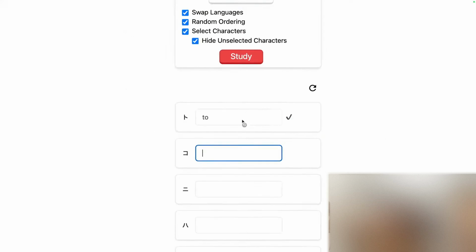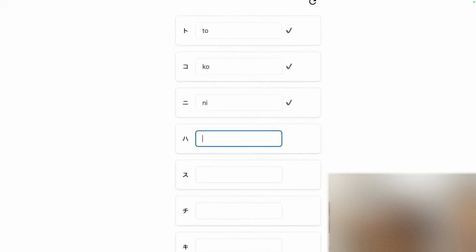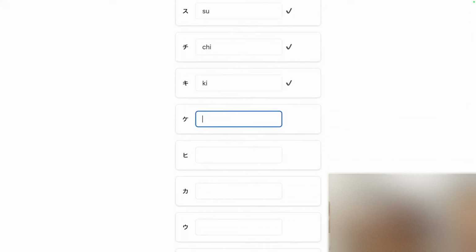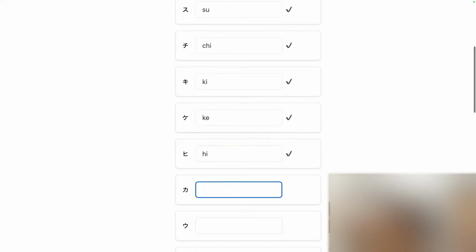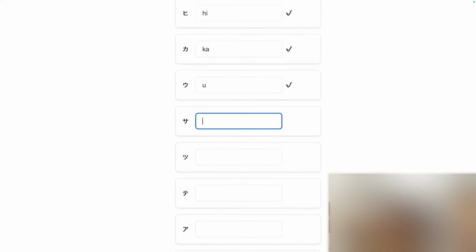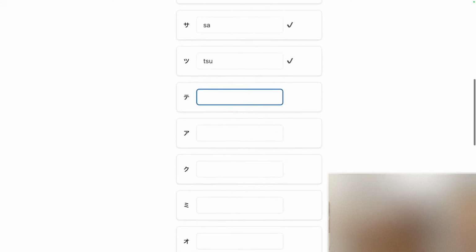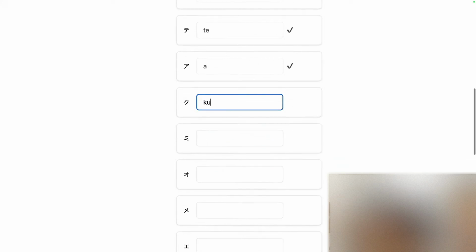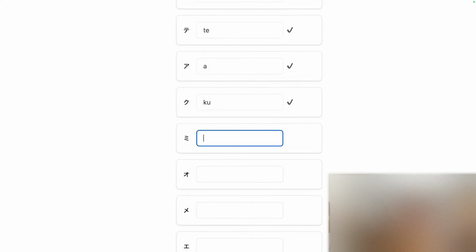It's too zoomed in. Ko, ni, ha, su, chi, ki, ka, ki, ka, u, sa, su, ka, a, ku. Ku, ni, o, me.